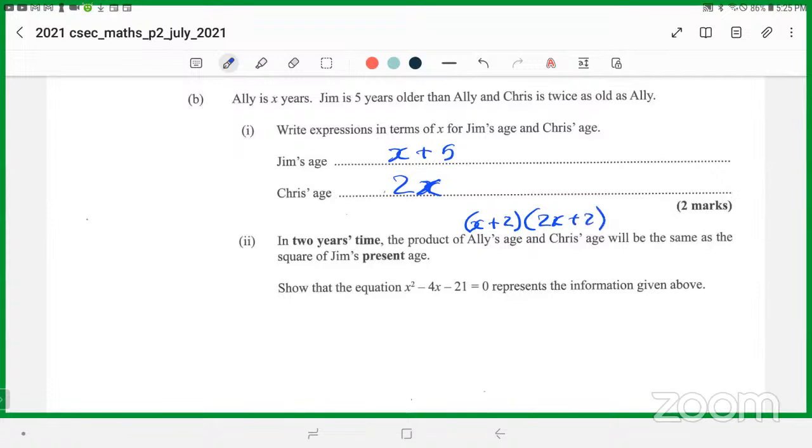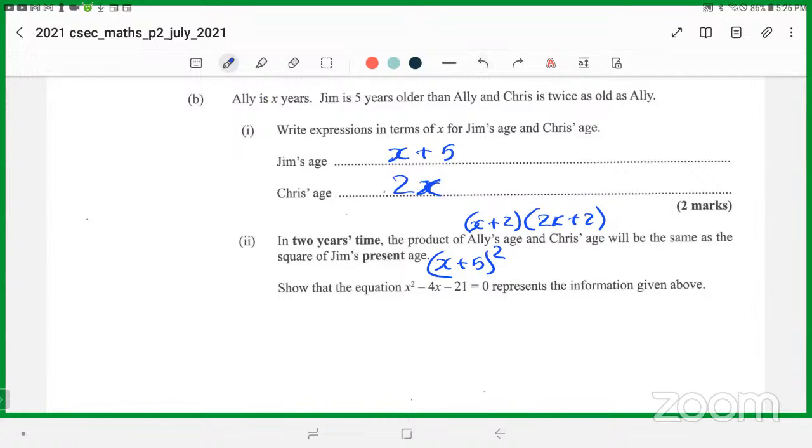It will be the same as the square of Jim's age. Jim's present age is X plus 5, but I want the square of it. So that is X plus 5 squared. So this equals that. That's what they say. In 2 years, Ali is going to be X plus 2.